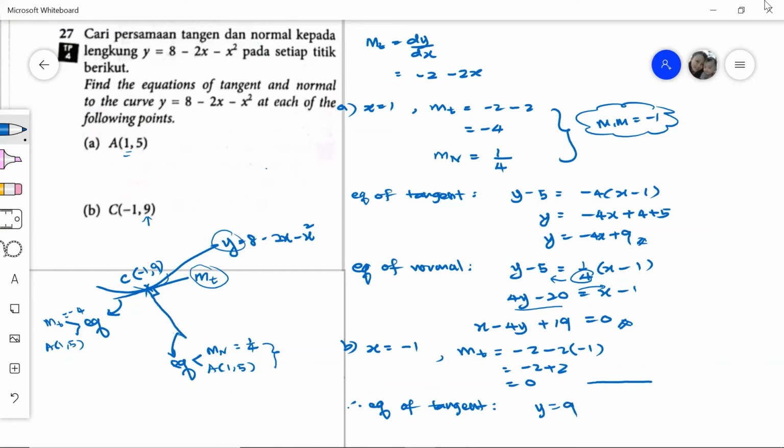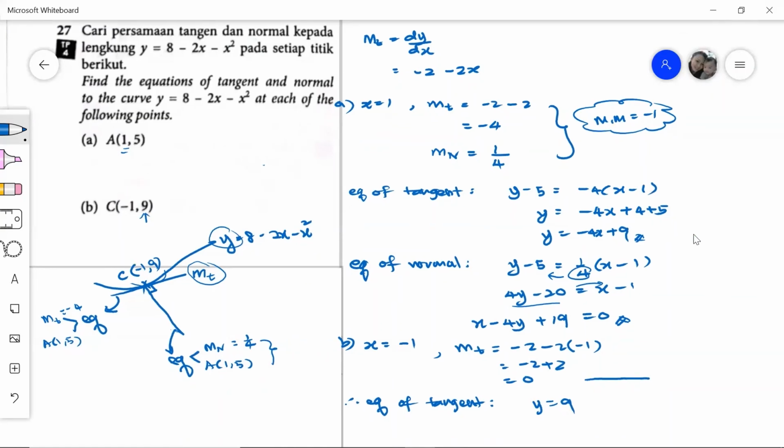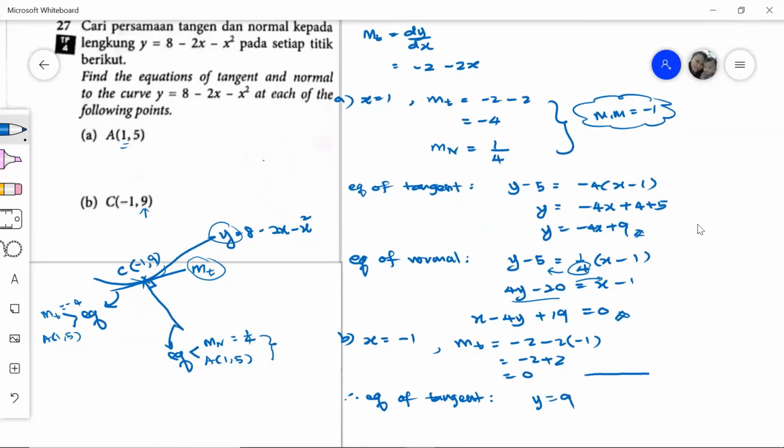And because when the gradient of the tangent is 0, the gradient of the normal is undefined, therefore the equation of the normal will be a vertical line. For a vertical line, the equation can be written as x equals negative 1. So this is the answer for part B. All right, that's it for question number 27.